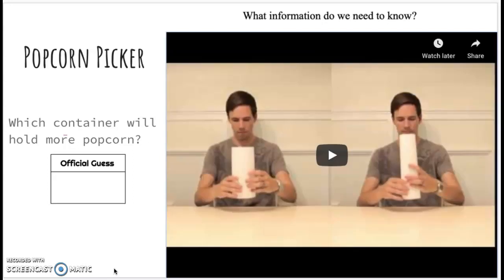All right, so go ahead and pause the video, take a minute, guess which one do you think will hold more popcorn? Sort of the short, fat one or the tall, skinny one?